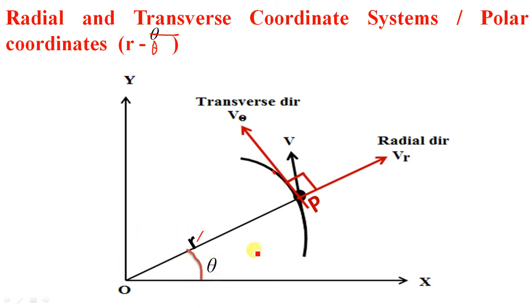So r and theta go on changing. Let's say at this point theta is 30 degrees, and at another point it may become 40 or 45 degrees. Such a coordinate system is known as the radial and transverse coordinate system. The resultant of vr and v theta is indicated by v. vr indicates the velocity along the radial direction, and v theta indicates the velocity along the transverse direction.